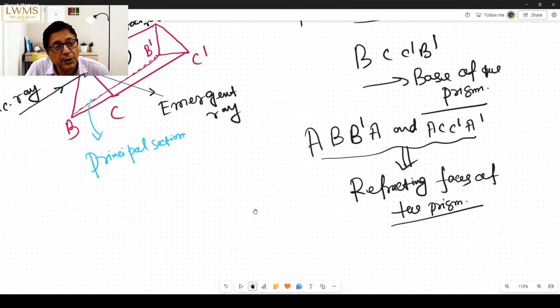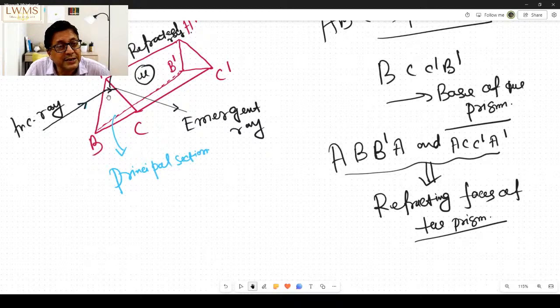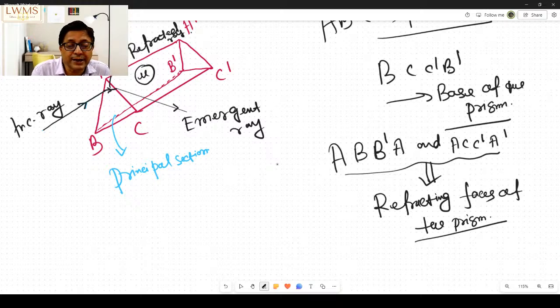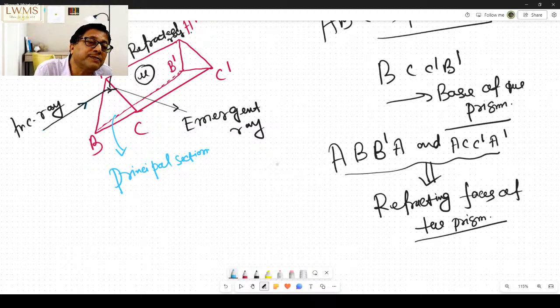Now, when there is an incident ray, refracted ray, emergent ray, there must be an angle of incidence also. But I will not draw this diagram again and again. Let me finish that part only. How is the normal drawn? Normal is perpendicular to this surface. You agree? So if this is the normal, then the angle of incidence I1 lies here, and this is your R1.